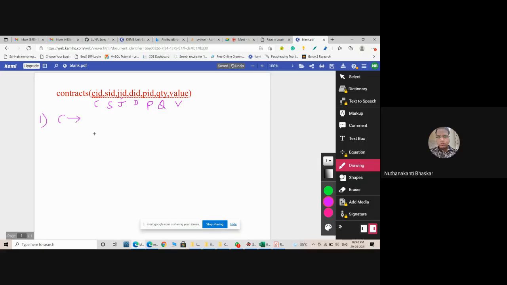Directly we can write: C is a primary key, so C determines C, S, J, D, P, Q and V. So this is the basic, I'm writing here F, the functional dependencies. F plus we will do later. First of all, we have to finish up with F. This you know, yes or no? Yes, sir.